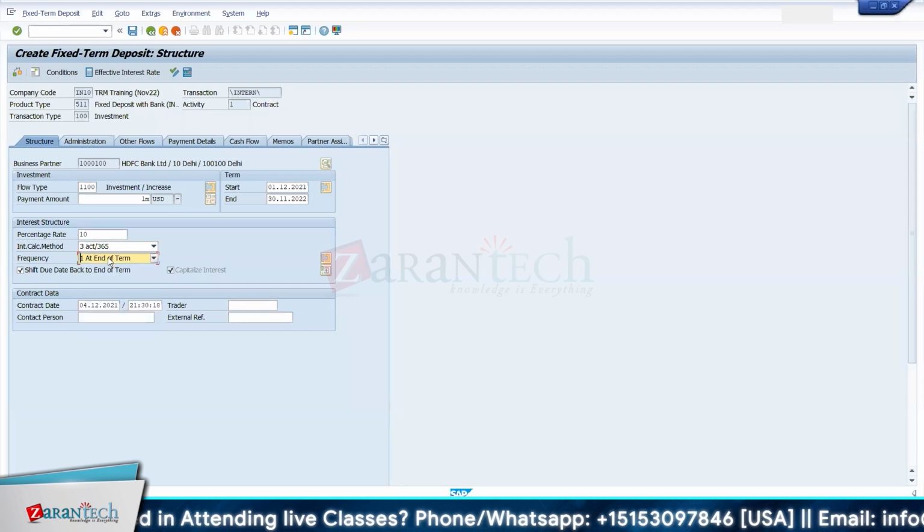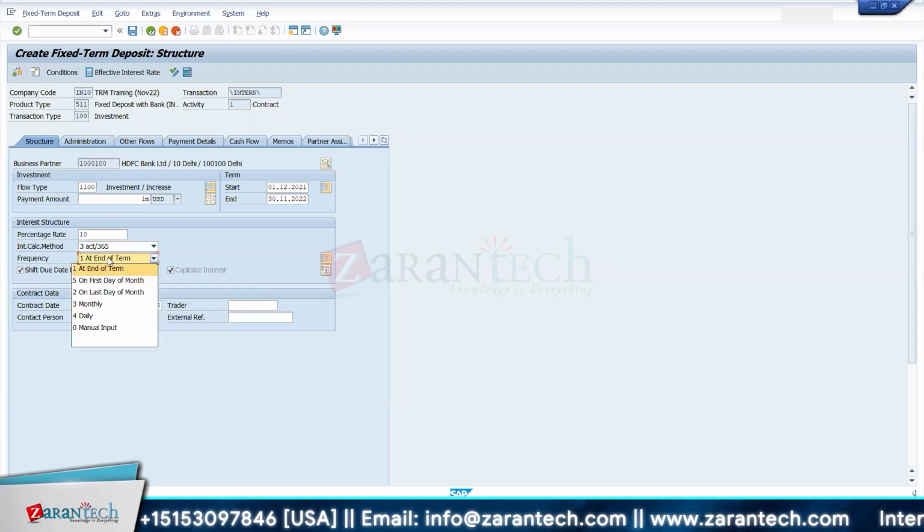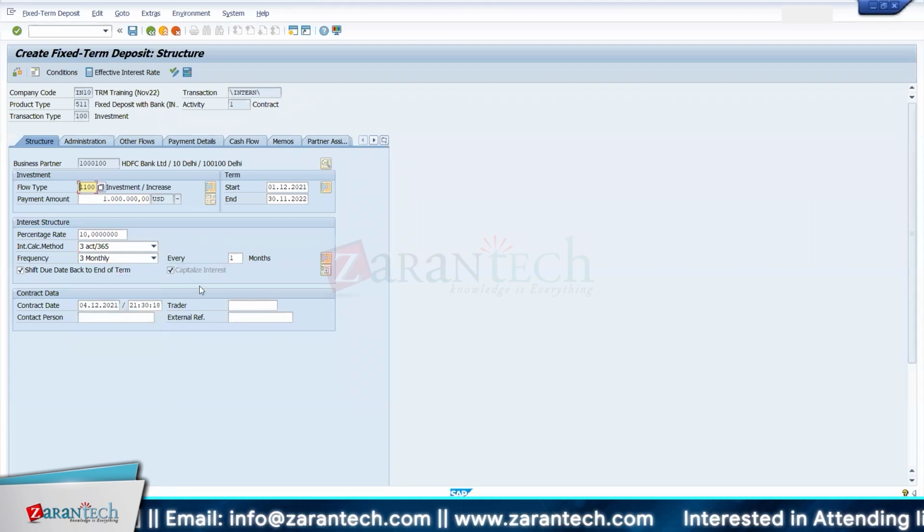But if the bank says, I will give you quarterly credit of your interest, meaning in every quarter, whatever interest is calculated, we will transfer to your fixed deposit account. In that case, I will select this frequency as monthly, and here I will say in every 3 months it will be capitalized.